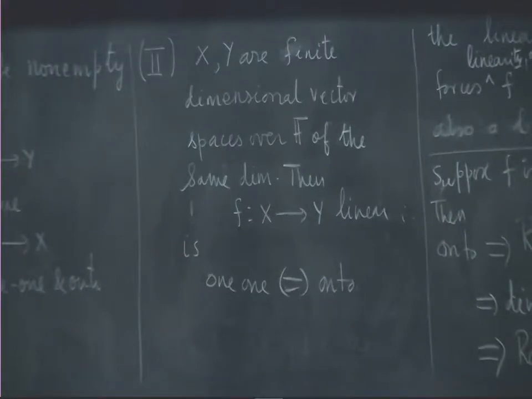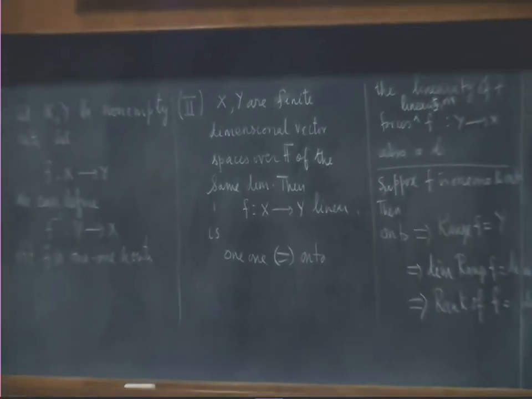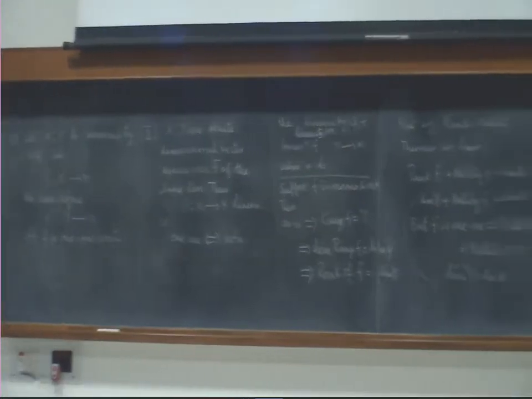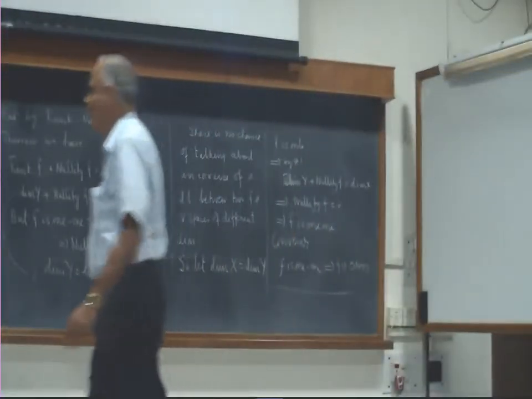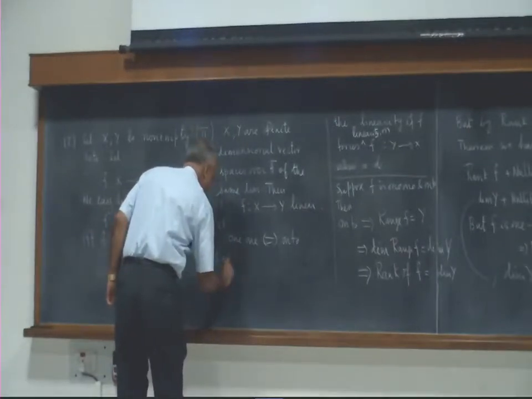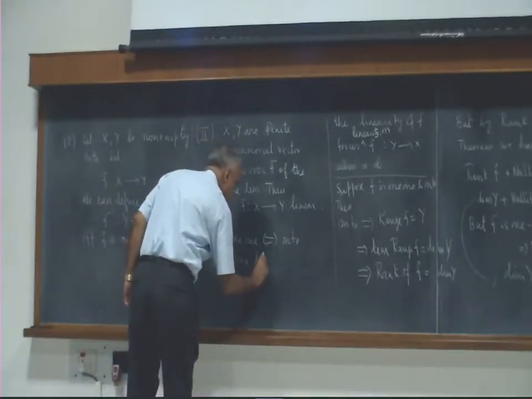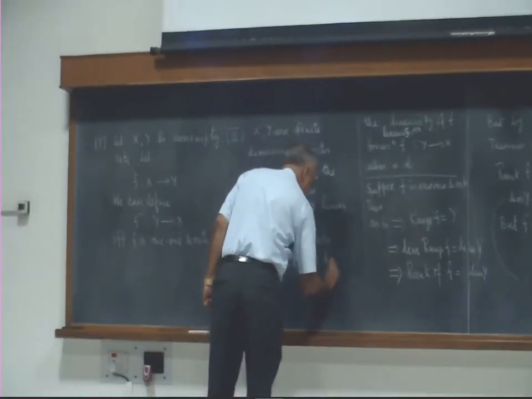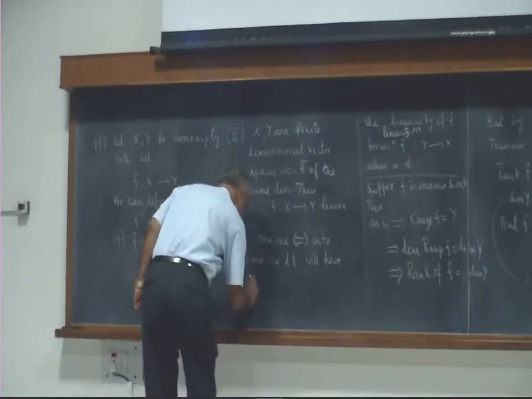Therefore, a 1-1 map will automatically have an inverse, or an onto map will automatically have an inverse, and the inverse is automatically linear. So in this case, a 1-1 linear transformation will have a linear inverse.